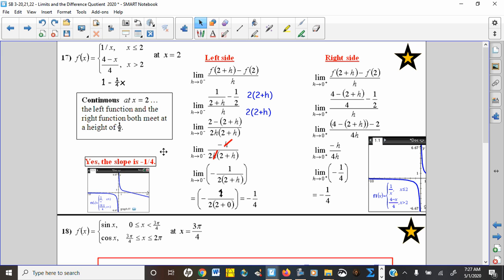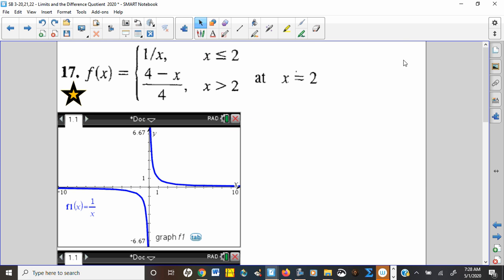Well, the work shows that it will, because first of all, it shows that at 2 we're continuous. There's a continuity check of plugging 2 in, and actually, let's go do it.